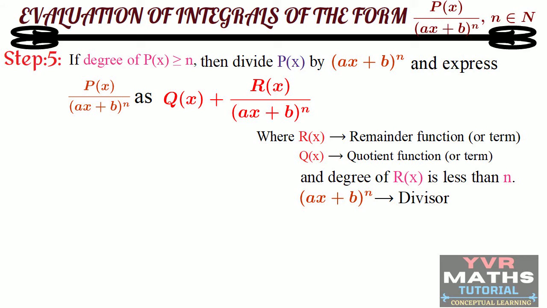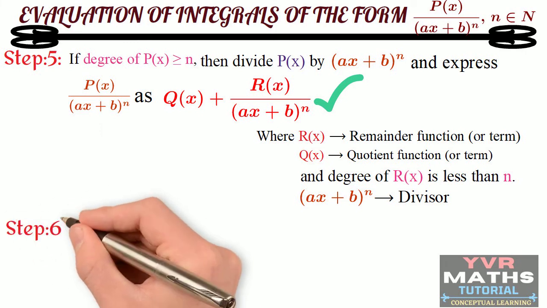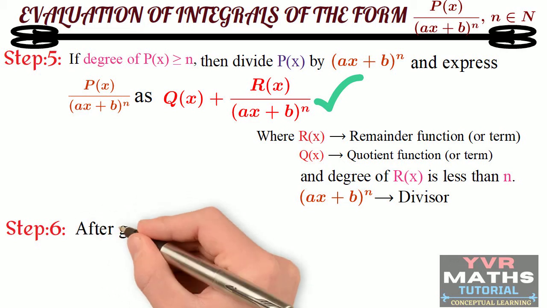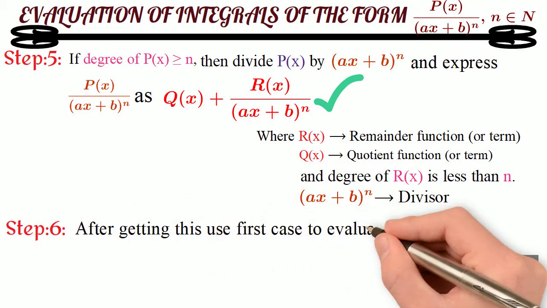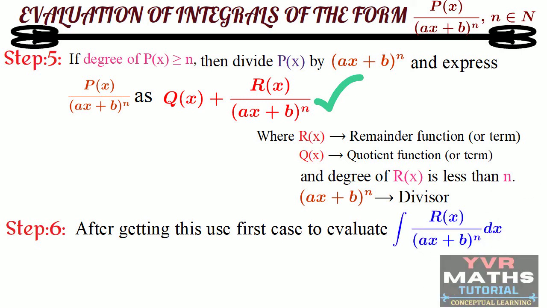So after completing the long division method, the given fraction can be written like this. After getting this, we have to follow the first case. See here, step 6. After getting this, use the first case to evaluate the integral r of x by (ax plus b) whole power n dx. I will take one problem and explain clearly, then you will get the idea of this concept.